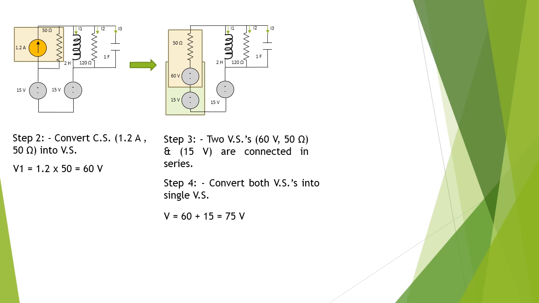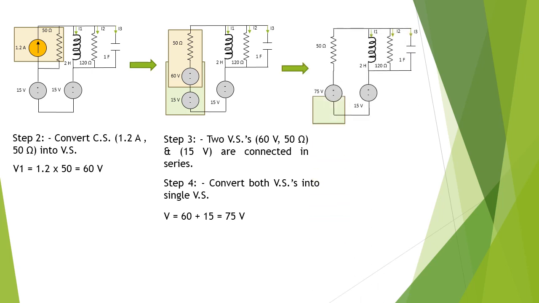Here we apply KVL, Kirchhoff's voltage law, and with respect to the polarities of 60 volt and 15 volt, KVL gives us V equal to 60 plus 15, therefore it is equal to 75 volts. So the new circuit is the conversion from series connected voltage sources to a single voltage source of 75 volts.